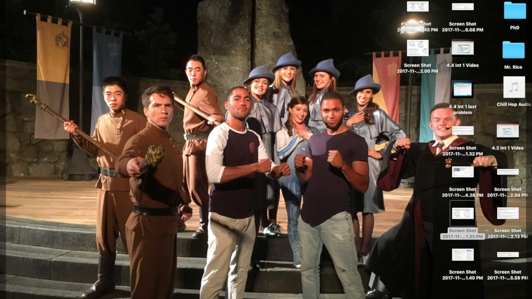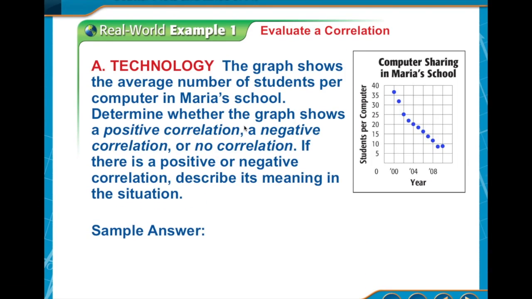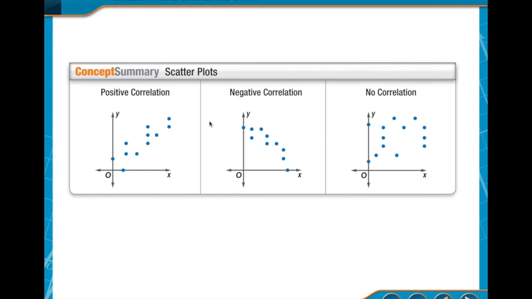We have different kinds of correlations. So as we look, we have a positive correlation, and that means our data go up to the right. As x increases, so does y. They are positively correlated. Now our negative correlation, as x increases, y decreases.